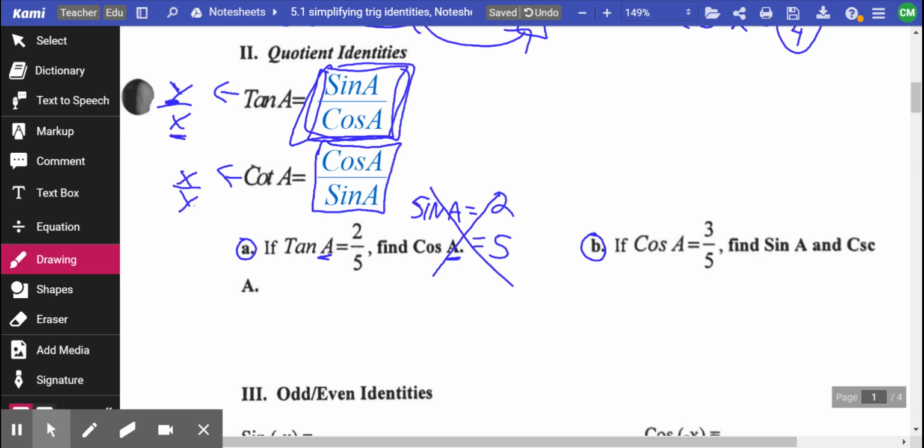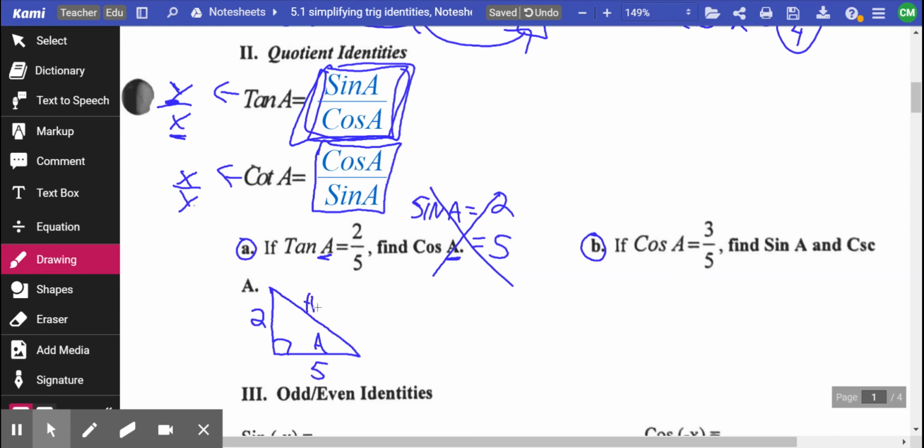So the only way to do this is we're going to draw a right triangle. And it really doesn't even matter how you draw. I'm going to keep everything positive, all the sides. Let's say I put angle A here. Well, just going back to SOHCAHTOA, this is TOA right here, so opposite over adjacent. The opposite is 2. The adjacent is 5.